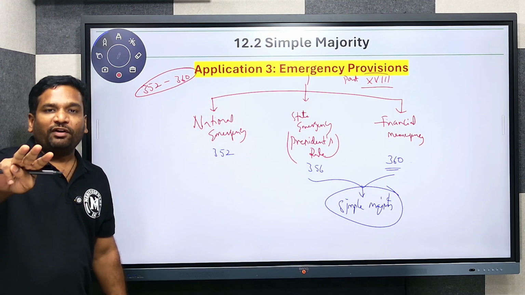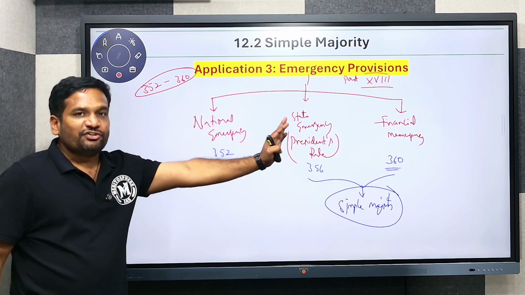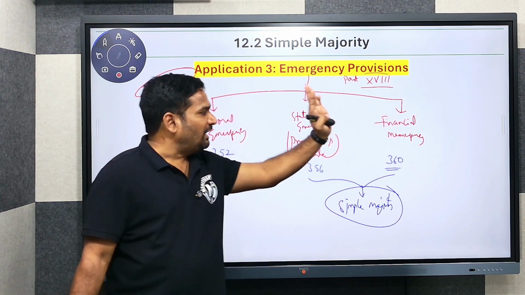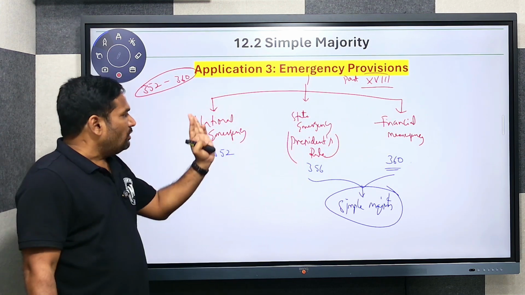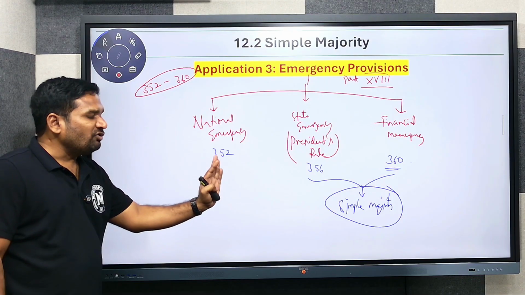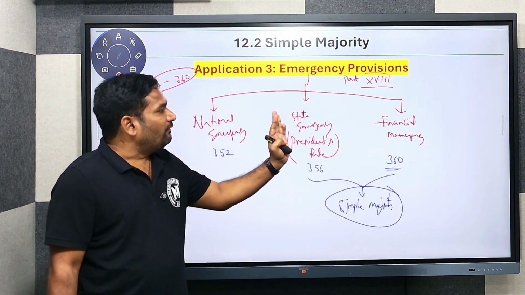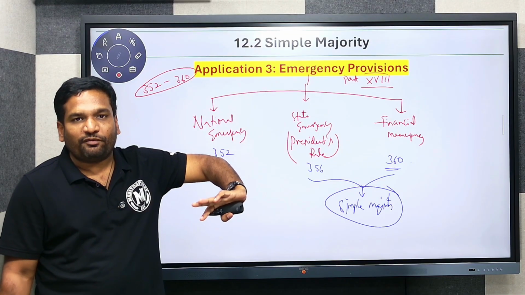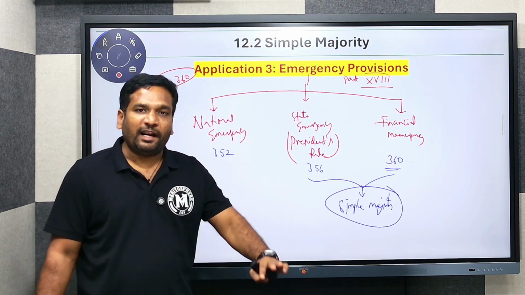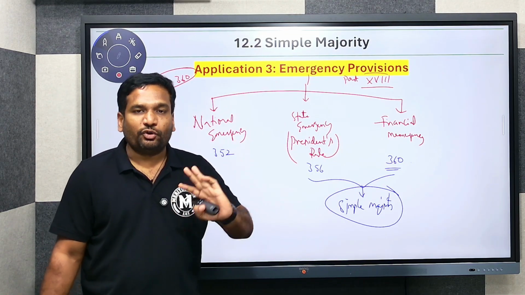So there are three different types of emergencies: national emergency, state emergency, and financial emergency. State emergency is also known as president rule. These are proclaimed under Articles 352, 356, and 360 by the executive, that is the President of India, with the aid and advice of the Union Council of Ministers.